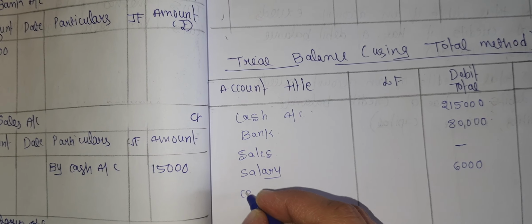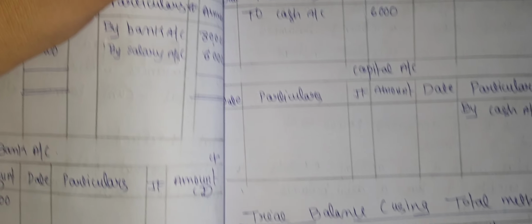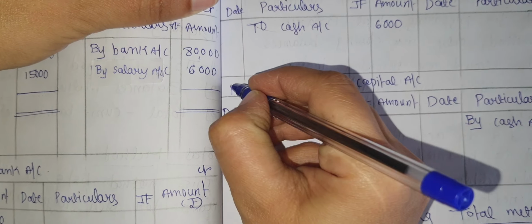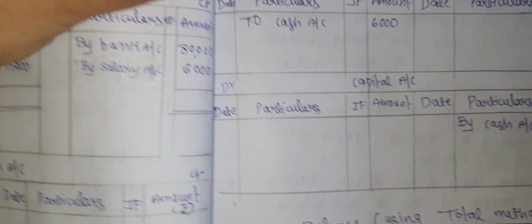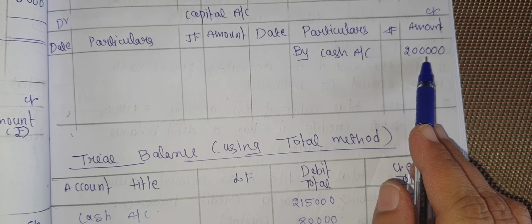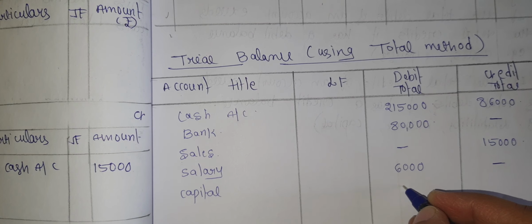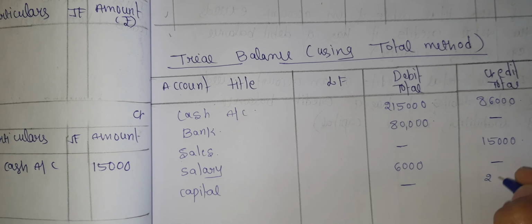See here, capital. In capital, debit total is nil and credit total is rupees 2 lakh. So write down capital, debit total nil, credit total is 2 lakh.